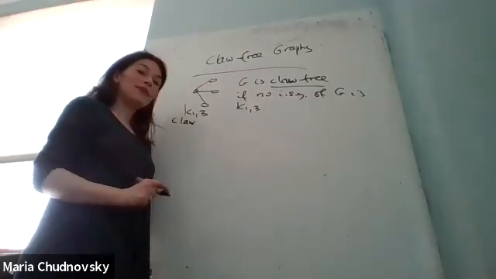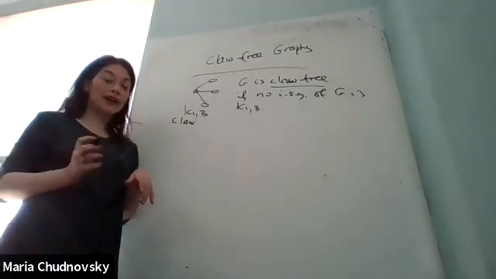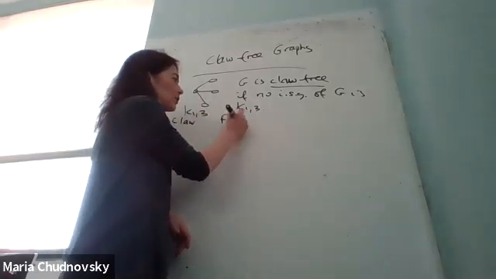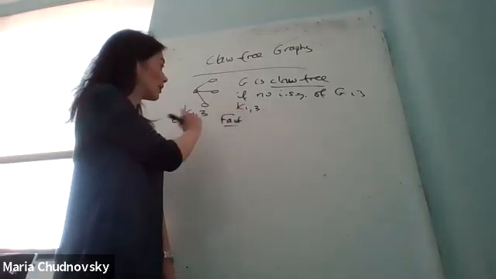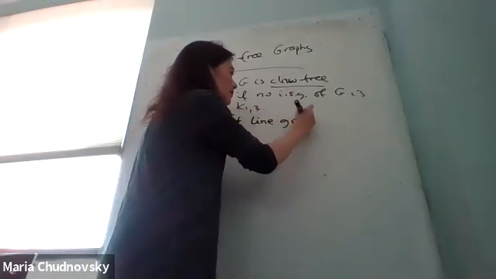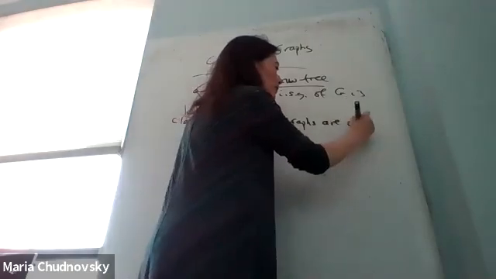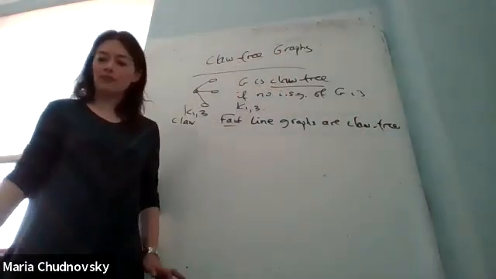And they're kind of popular. First of all, they're generally thought of as a generalization of line graphs. A fact, which you can amuse yourselves by trying to prove: line graphs are claw-free. And this is really easy. Just try the obvious thing.